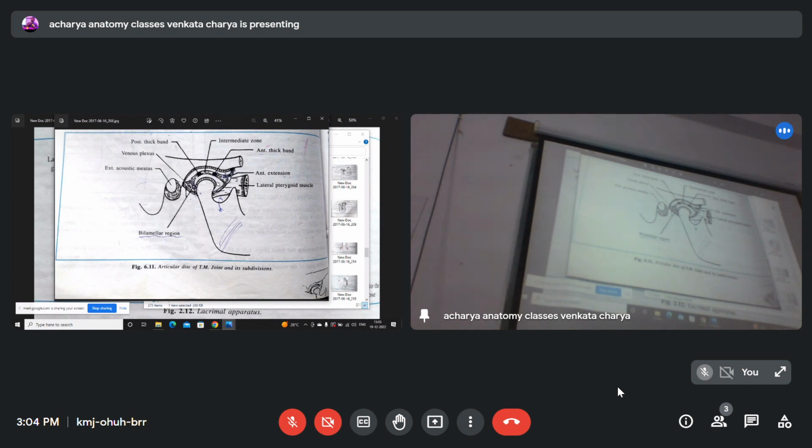So these are the movements. Next, nerve supply: auriculotemporal nerve.